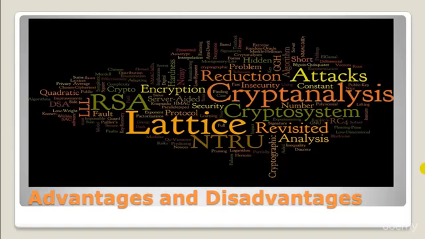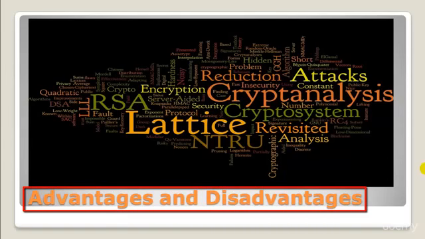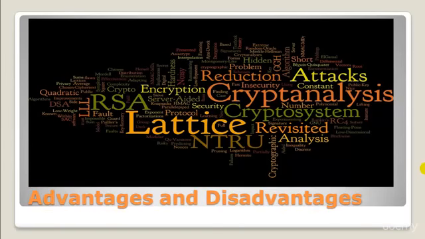Finally, we come to the advantages and disadvantages of cryptography. Even though public key cryptography is the accepted standard, it's not foolproof. For this reason, it has not completely replaced symmetric cryptography. There are some advantages and disadvantages.